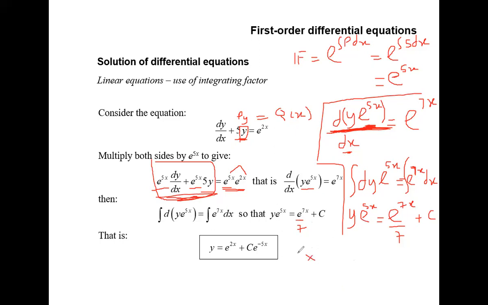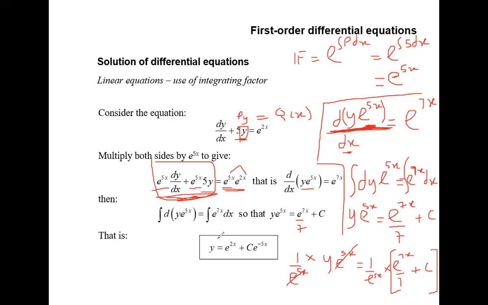So that will be 1 over e raised to the power 5x, times e raised to the power 5x here, equals 1 over e raised to the power 5x times e raised to the power 7x over 7, plus c. So this will cancel out this, right? Good.